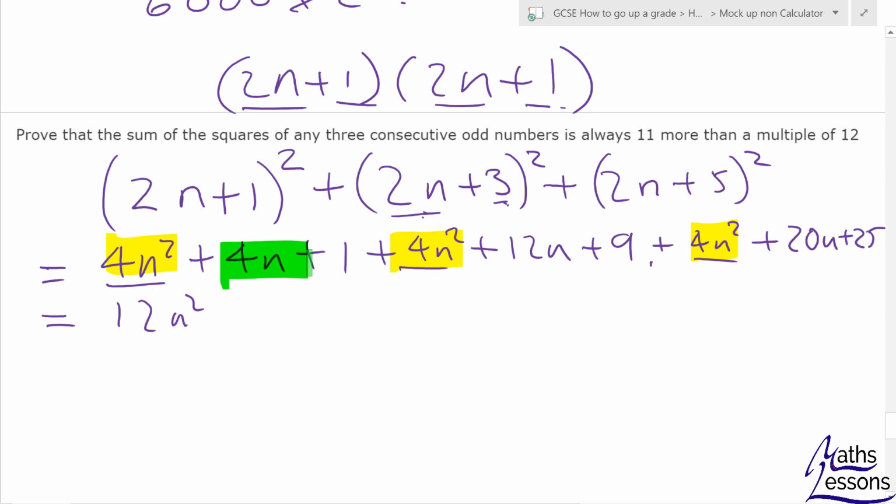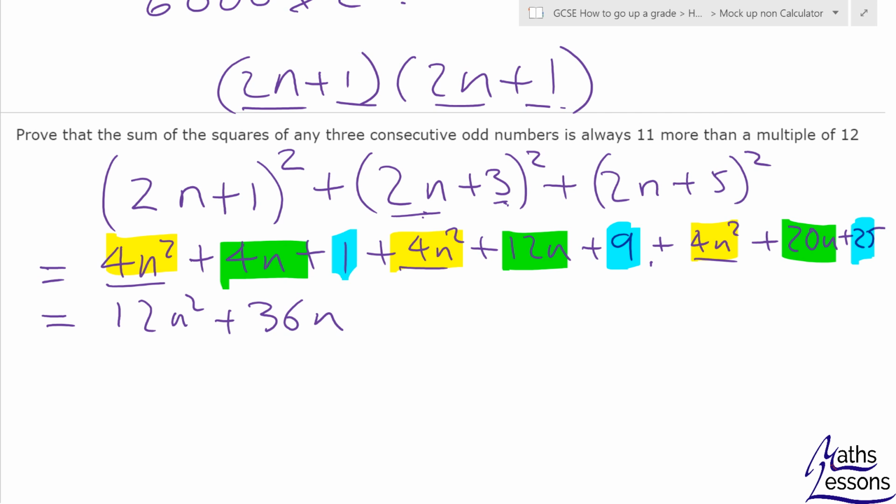Then I've got a 4n, a 12n, and a 20n. So that gives me 16 plus 20n, so that's 36n. Sorry, I was adding the wrong things up. And then I've got 1, 9, and 25, so that's going to be 35.